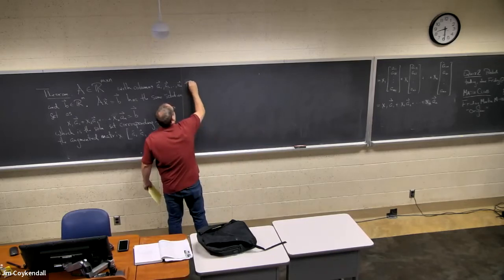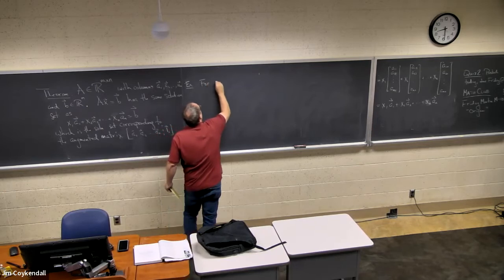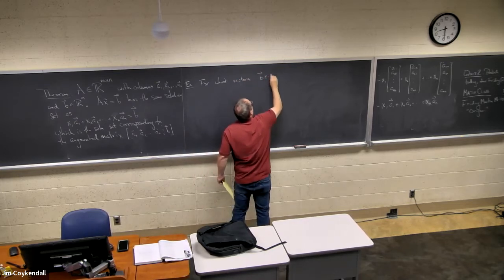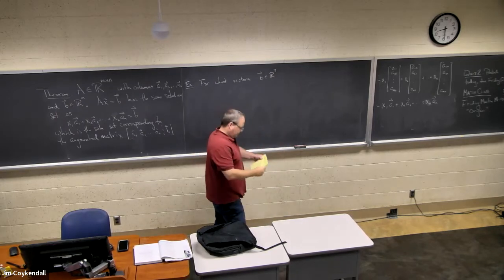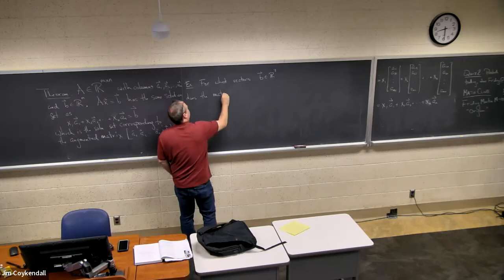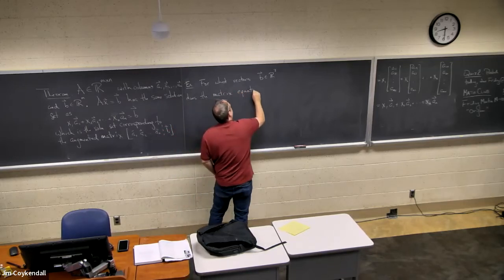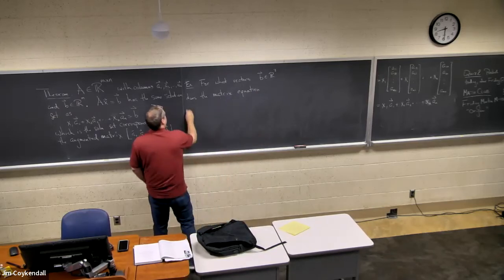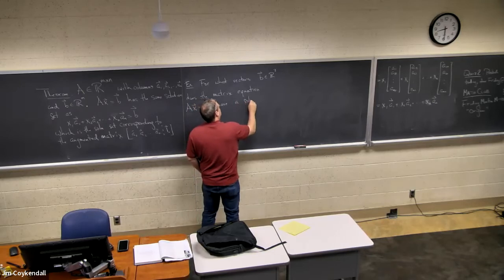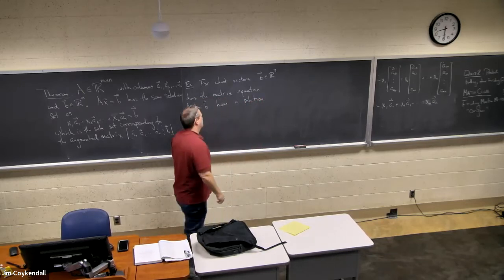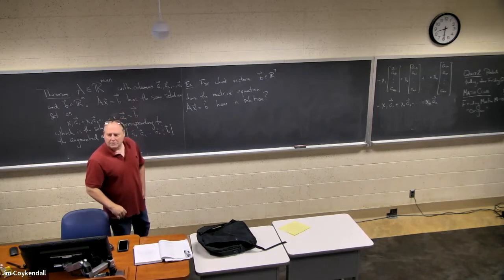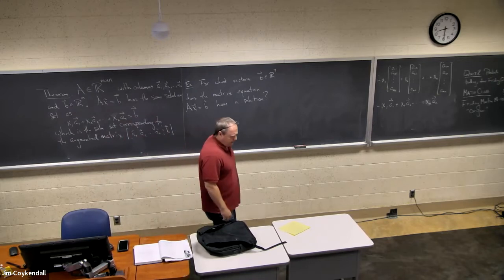Example: for what vectors B does the matrix equation AX equals B have a solution? I can't really answer this question properly until I tell you what A is. So let me tell you what A is.